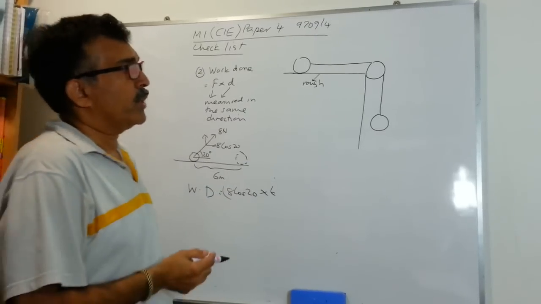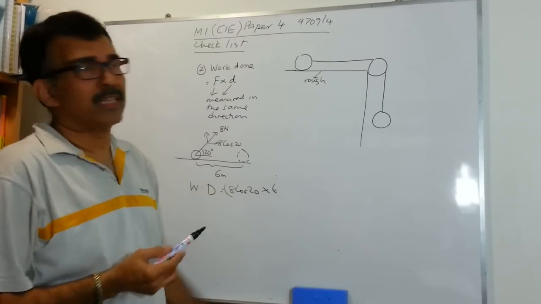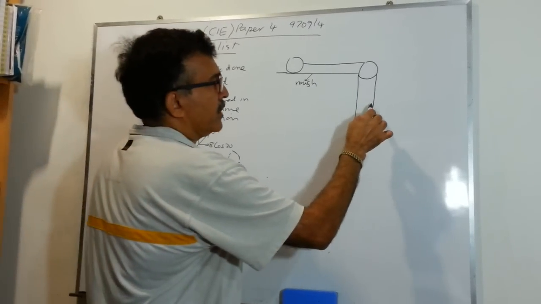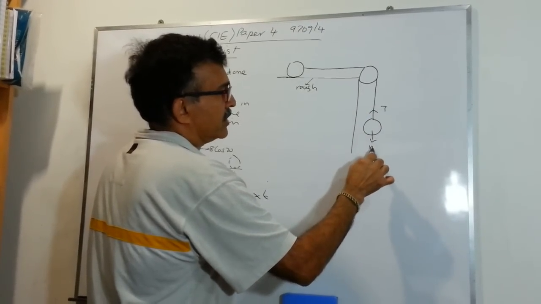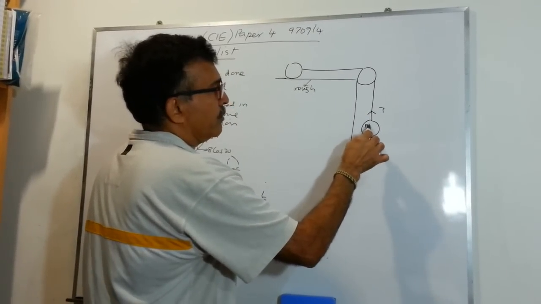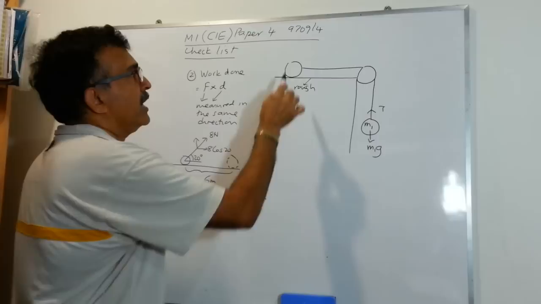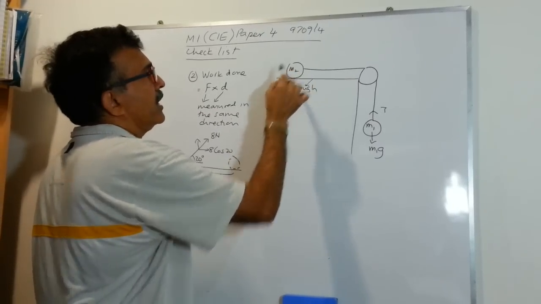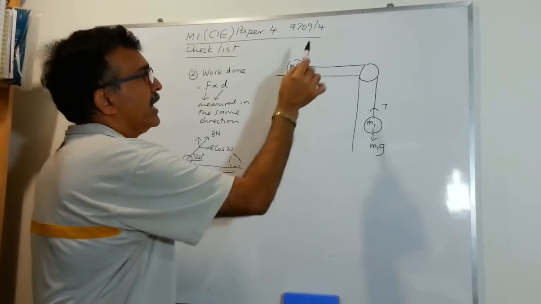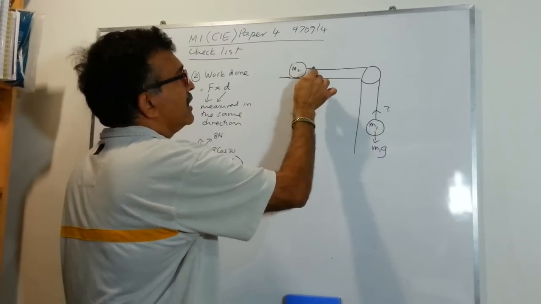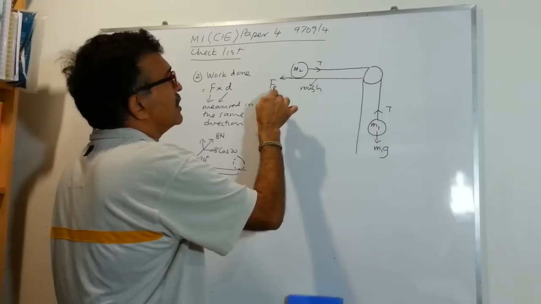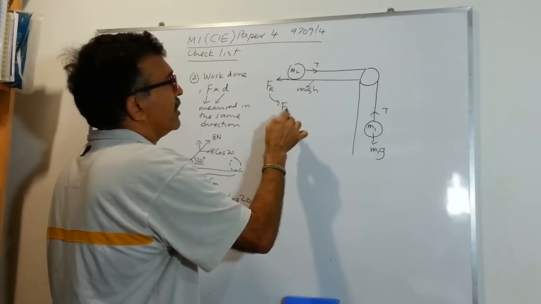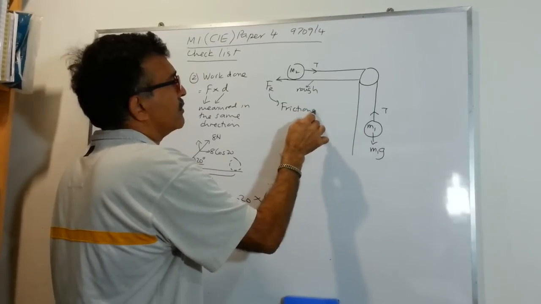When you analyze systems like this, indicate your tension T, this will be M1G, mass M1, and let's call this M2, and we're looking at T here, and our frictional force FR, the frictional force.